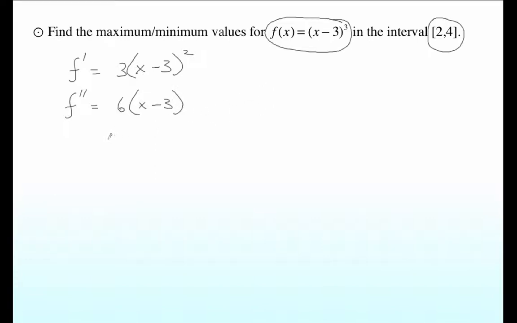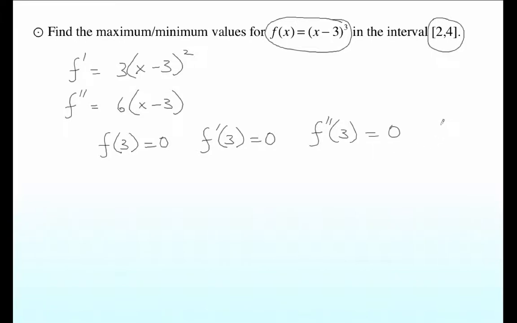And so obviously we have the situation where f at the point 3 is 0. The first derivative at the point 3 is also 0. And the second derivative is 0 as well. Of course, the third derivative is just 6.